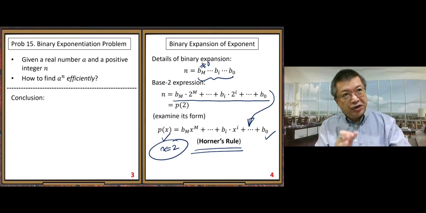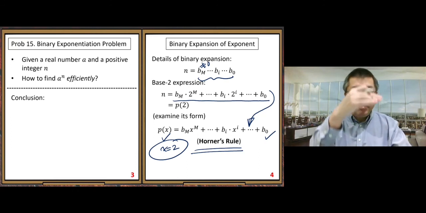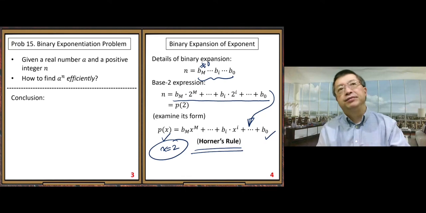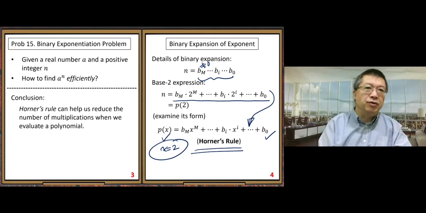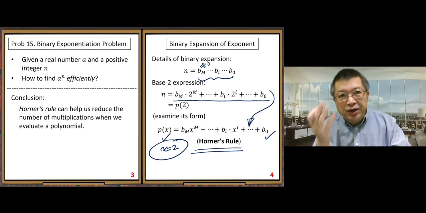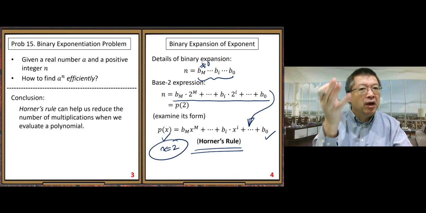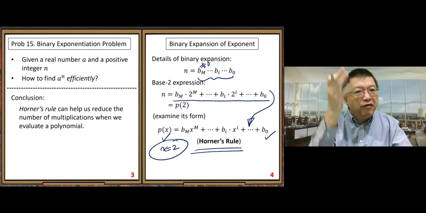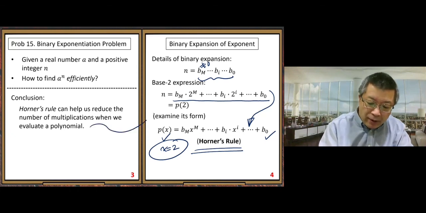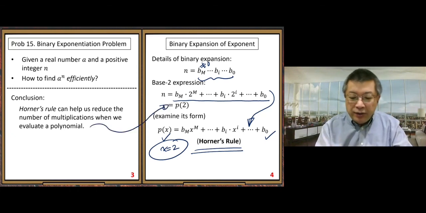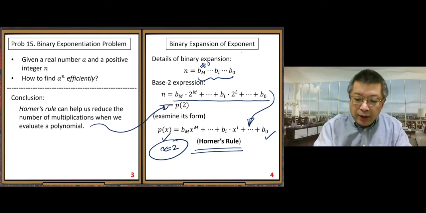To finish our first introduction video, let me make a conclusion here. Horner's rule can help us reduce the number of multiplications when we evaluate a polynomial. That's our experience. But the polynomial is connected to our binary expansion.